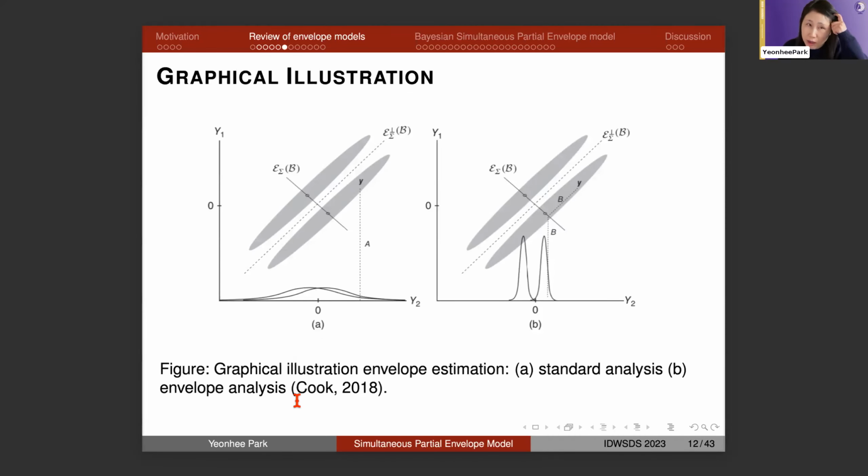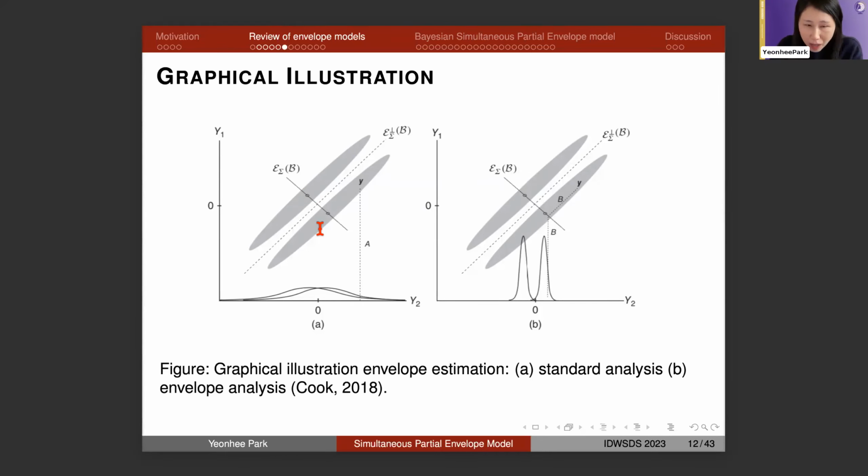So let's see a graphical illustration to understand the envelope model well. The left and right panels show the analysis using the standard model and the envelope model respectively. This illustration considers the two-population mean comparison. So we have two populations following the normal distribution having equal variance but different means. We are interested in mu1 minus mu2 in this problem.